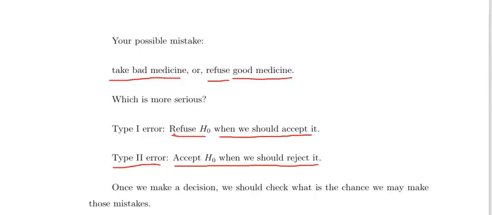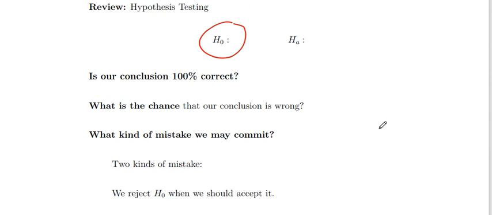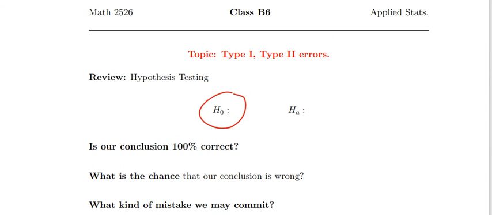So we say type 1 error or type 2 error. At first, type 1 is we reject the people's claim when their claim is true.